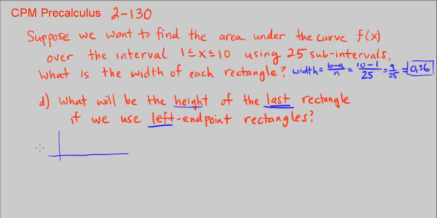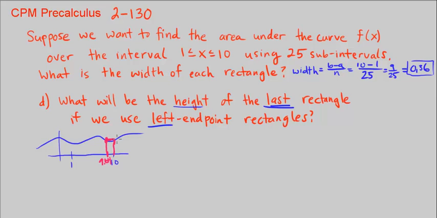We don't know what f of x looks like, but let's say it looks like this. Here's 1 and 10 again. This time, we're going to create a rectangle using the left endpoint. So when we subtract the width, remember we get 9.64, right? We subtract the width, and whatever the height is from this point, we're going to make it the height of our rectangle.